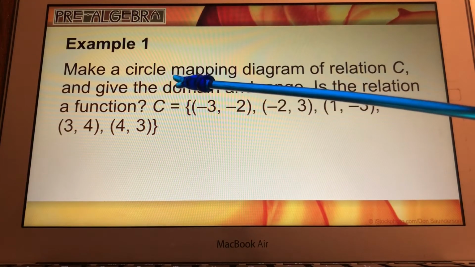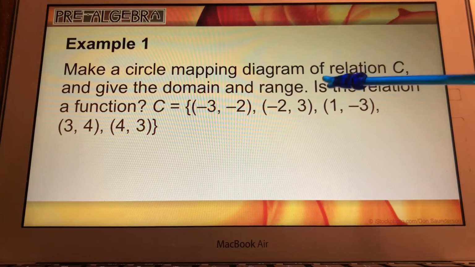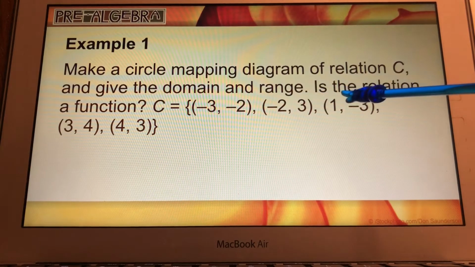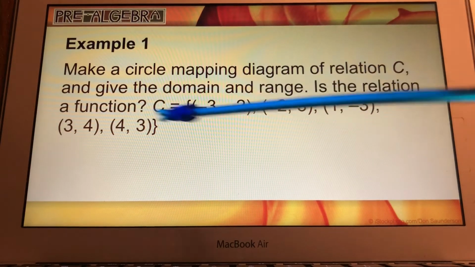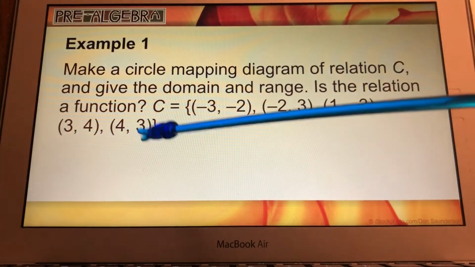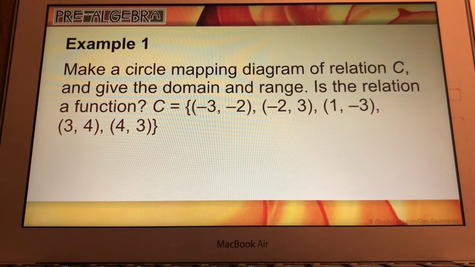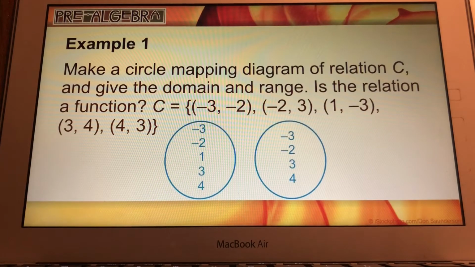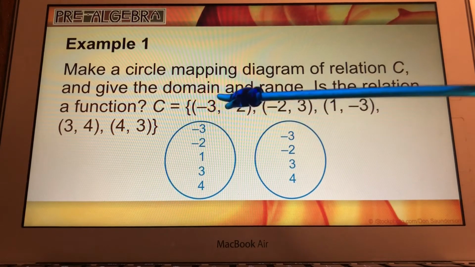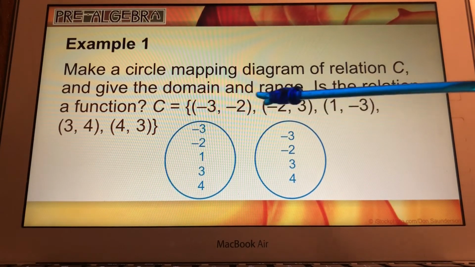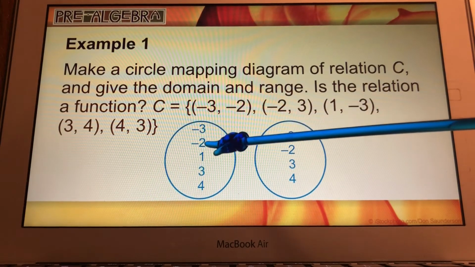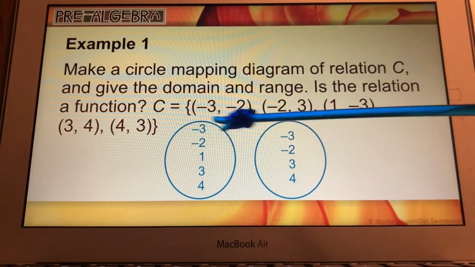Make a circle mapping diagram of relation C and give the domain and the range. Is the relation a function? So here is our relation C. Okay, these are the coordinates we've got. It says make a circle mapping diagram. A circle mapping diagram means I'm going to take each of the domains, that's my x values, and I'm going to arrange them in this circle right here.